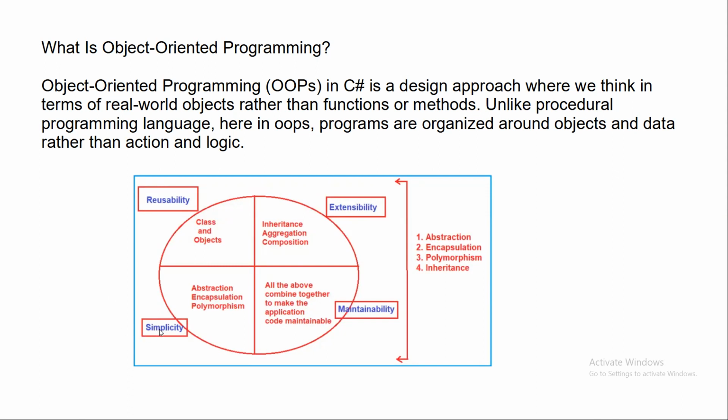Data abstraction is hiding unnecessary things from the end user and only giving whatever is required. Encapsulation is basically the practical implementation of abstraction. And polymorphism, a classic example is the moon. Every day it changes, but it is always one object.